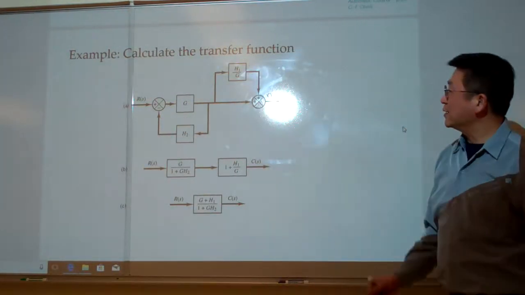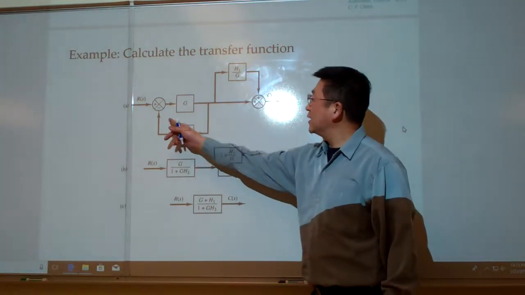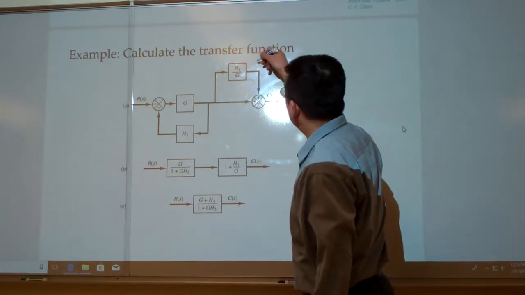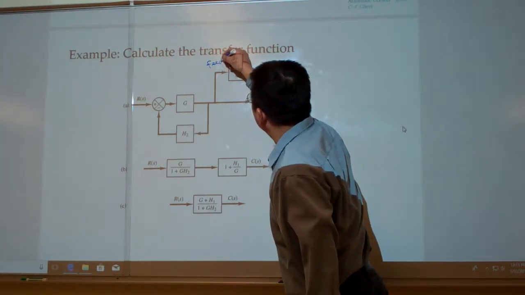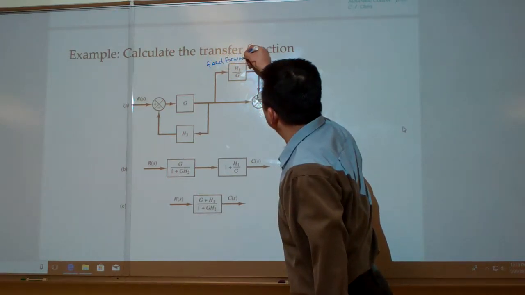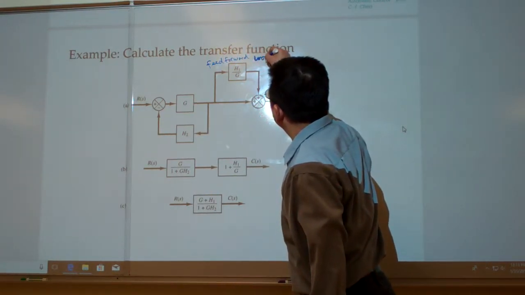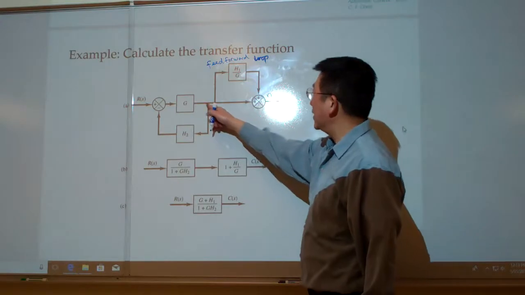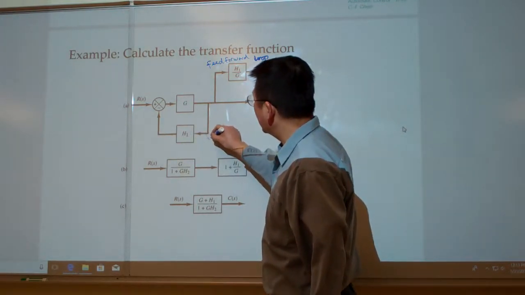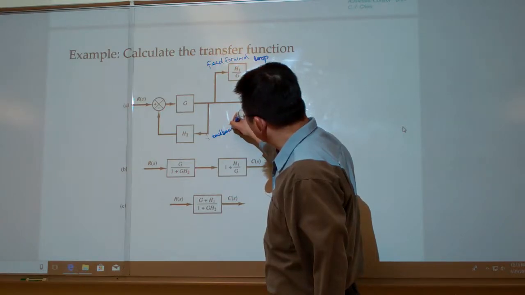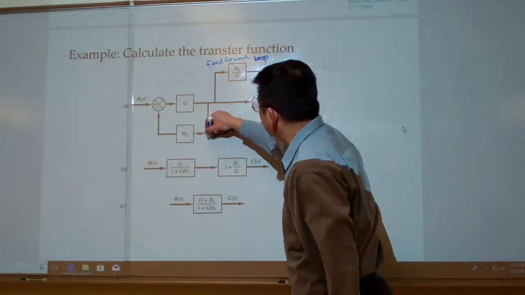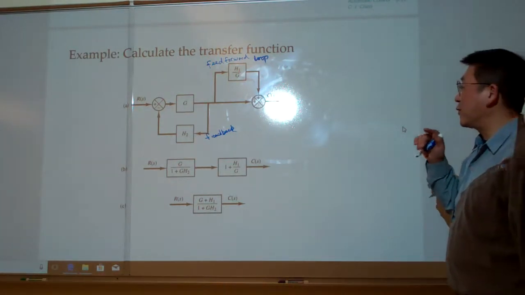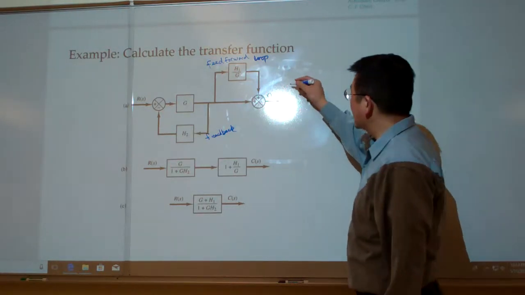Starting from here, we have 3 blocks, and here is the feedback, and this portion we call the feedforward loop, because it feeds the signal forward to somewhere, and this portion is called the feedback. So basically this is the combination of the 2 loops, and whatever the loops, we work on the algebra.